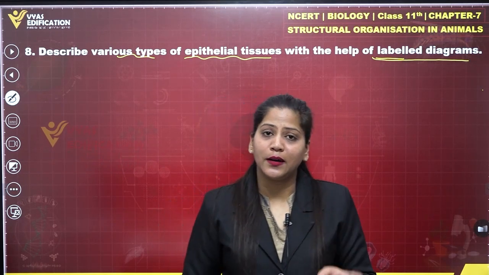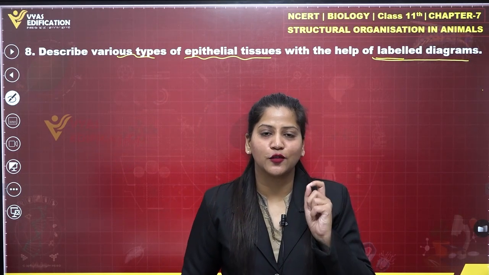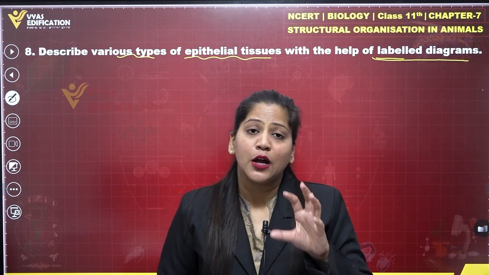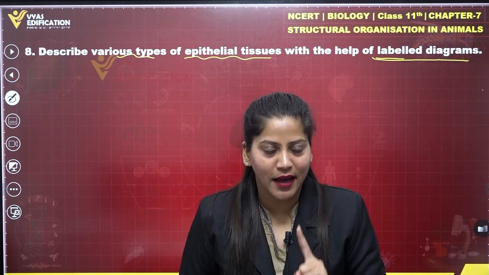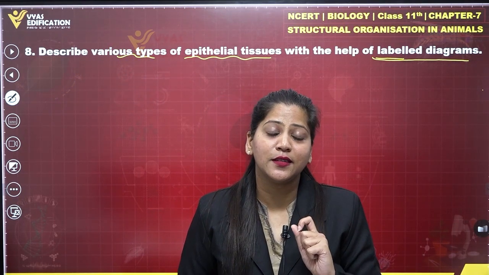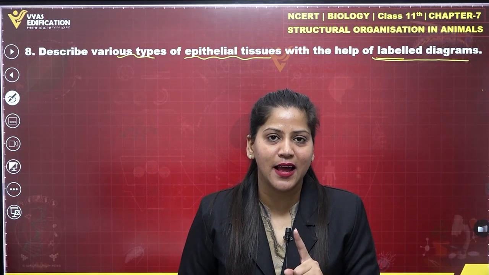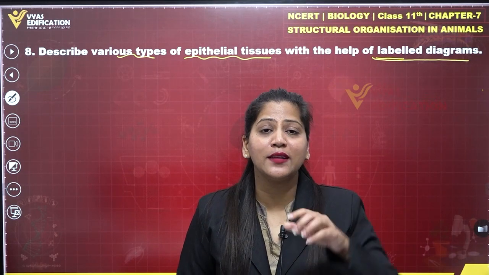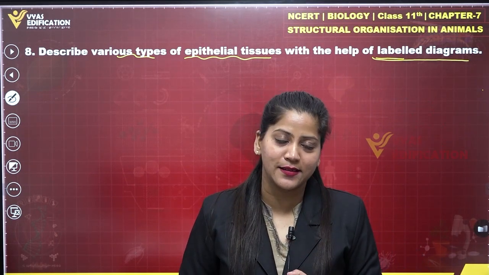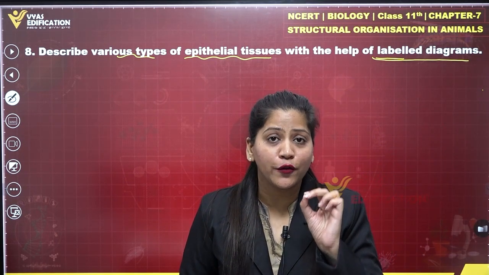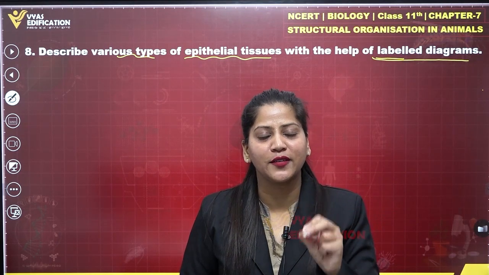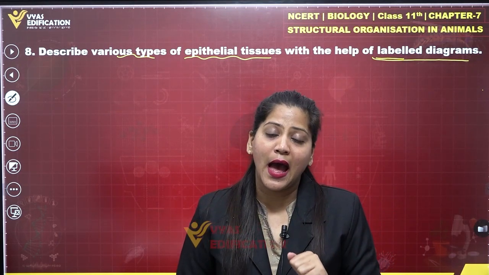Now moving on to the third type of simple epithelium, that is columnar epithelium. Columnar epithelium consists of long slender cells with the nucleus present at the base of the cells, right?